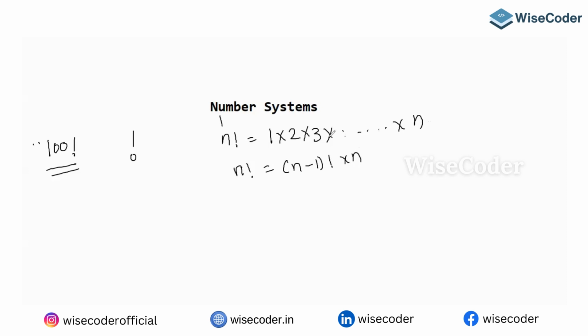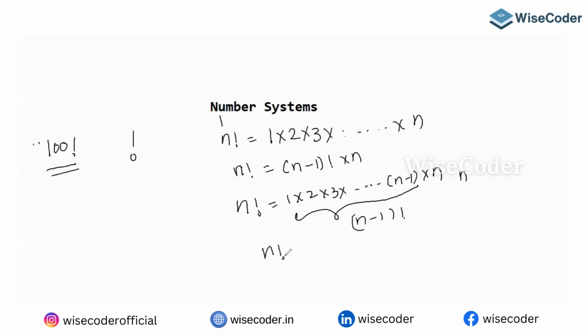Everybody knows n factorial is 1 into 2 into 3 and so on up to n minus 1 into n. This part is called n minus 1 factorial. So n factorial equals n minus 1 factorial into n.